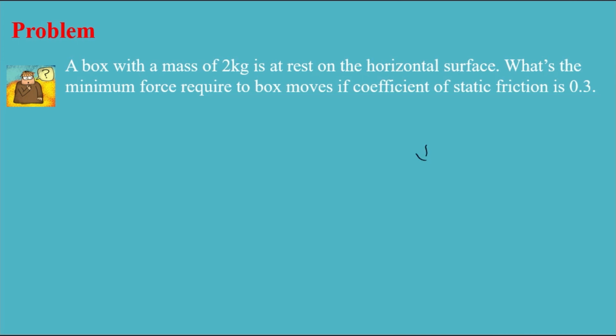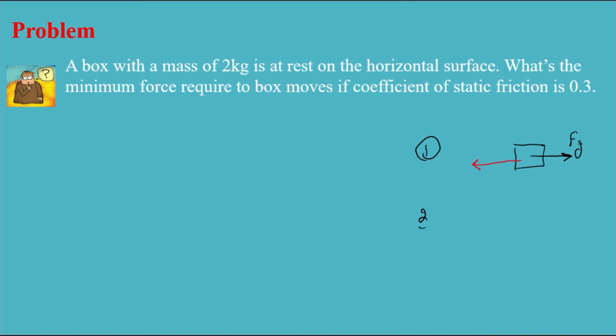So there are two options, right? If the box is right here and the object moves in this way, let's say this is Fa, then the friction force can be this way, right? Because this is a resistance and it's always going to be in the opposite direction of the box's movement.